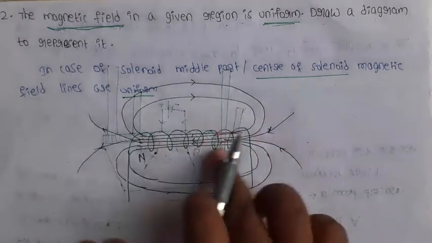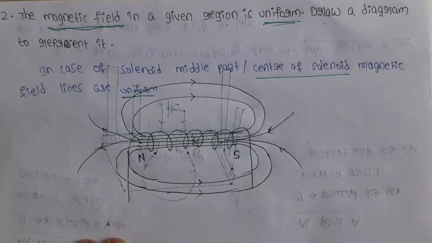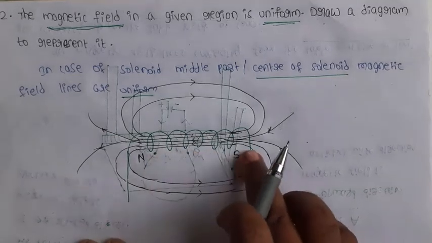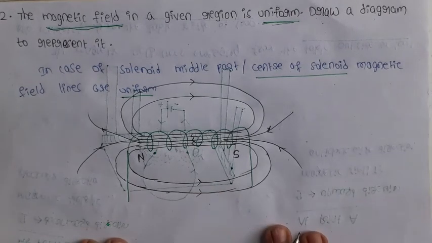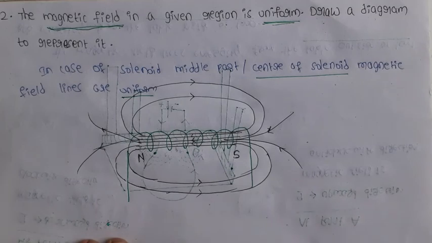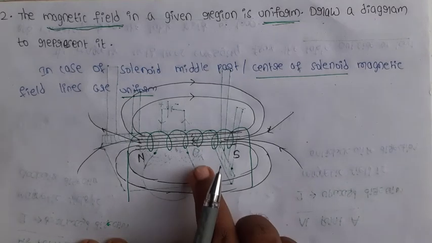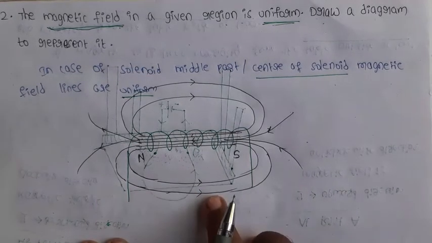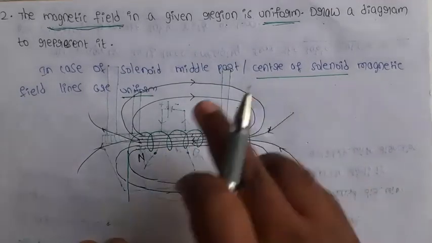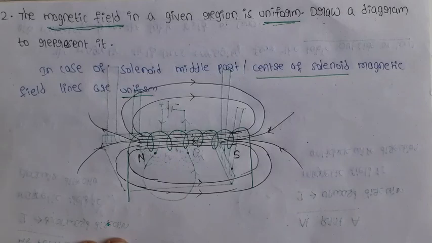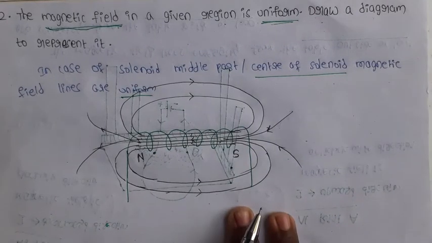How do you say that this is the direction of the magnetic field lines? When current is passed in the solenoid, it behaves as a magnet. So the magnetic field lines pattern is similar to the bar magnet. That's why in case of a bar magnet or a solenoid, magnetic field lines are similar. This is the answer.